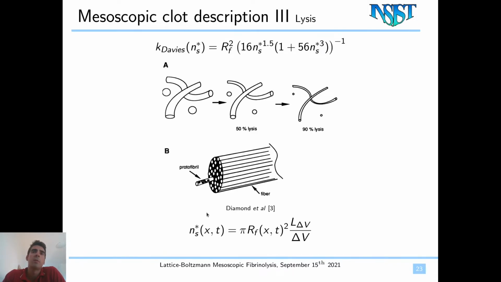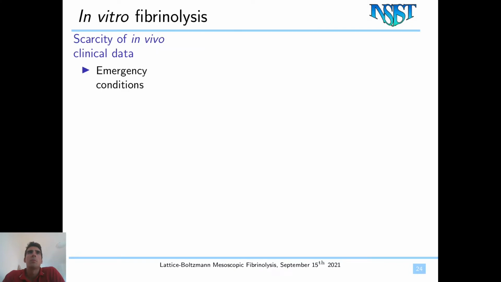And last but not least, also the solid fraction needs to be rescaled based on the shrinkage of the fibers. So this was it for the theoretical part of the model.